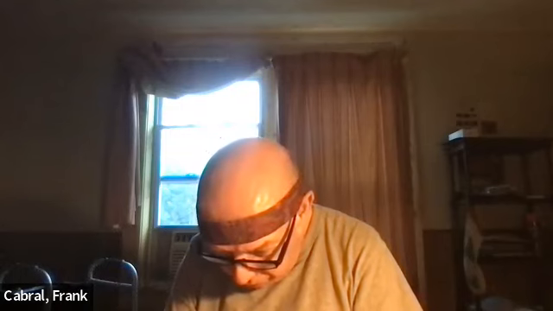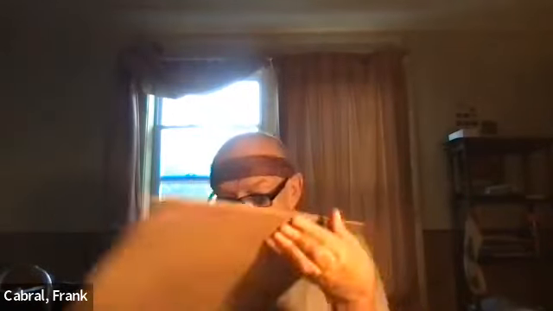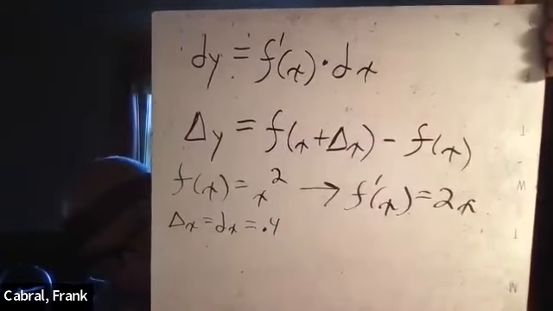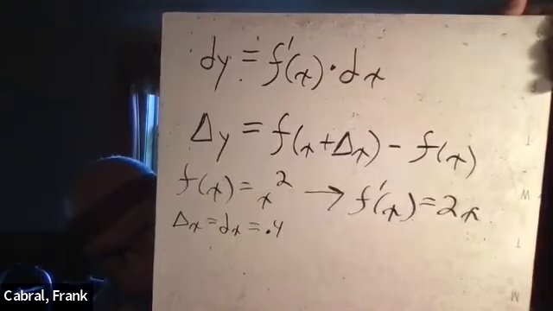And I'm going to, ahead of time, choose a value of delta x, which is always equal to dx because they're always the same. I'm going to pick 0.4. Okay, let me show you this. All right. And then it's really just plug and chug from there.